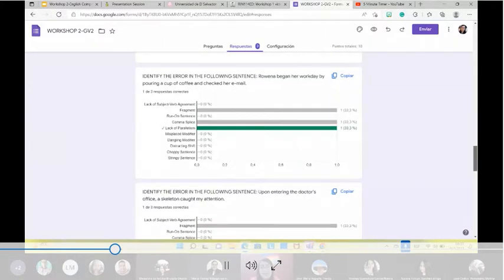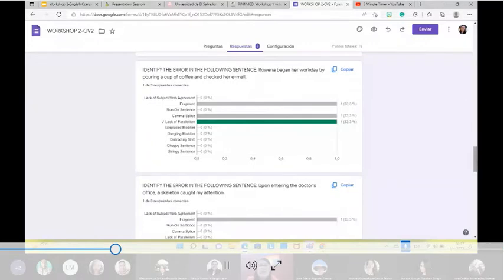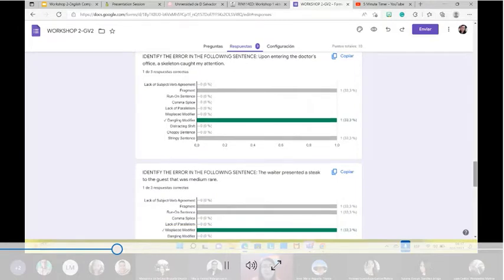Let's see, identify the error in the following. Rowena began her workday by pouring a cup of coffee and checked her email. Well, I drink water and check my email. Okay, we have lack of parallelism. Yes, pouring and checking her email. Upon entering the doctor's office, a skeleton caught my attention.